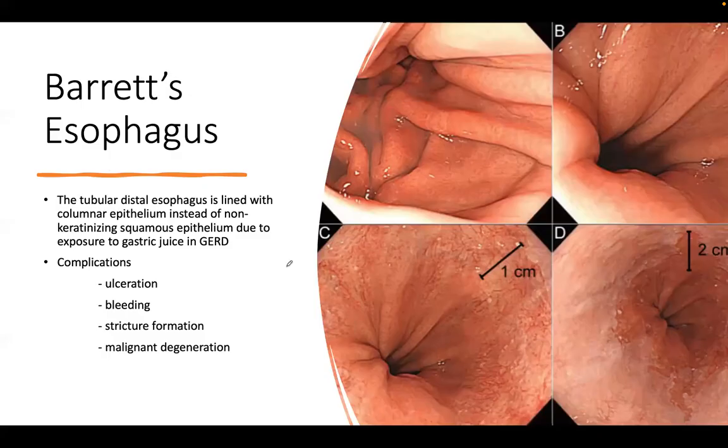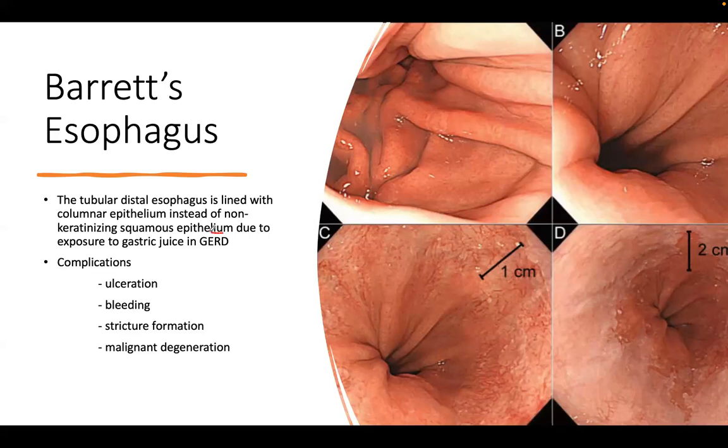Now, Barrett's esophagus. I want everyone to remember this will come out, okay? Now, what is the risk factor for Barrett's esophagus? What medical condition, okay, is the usual risk factor for Barrett's esophagus?